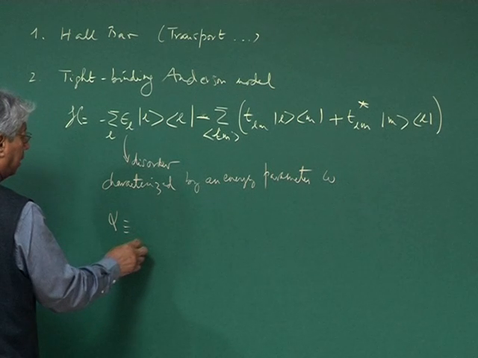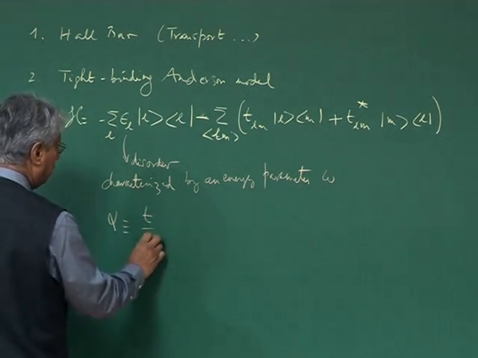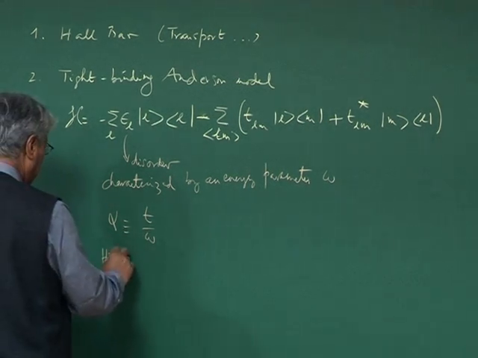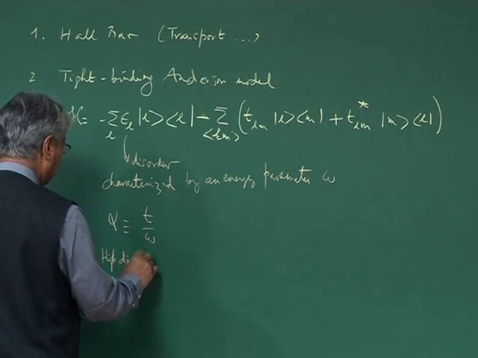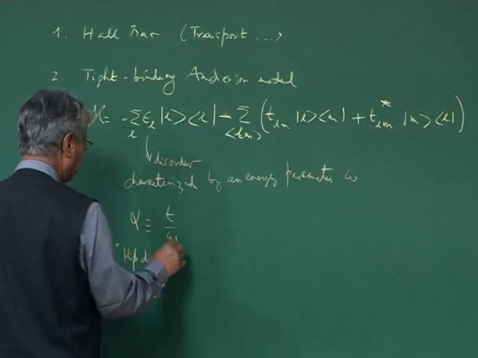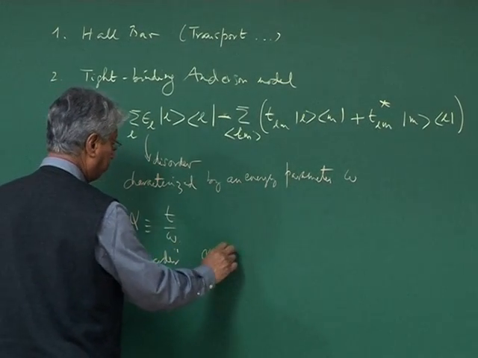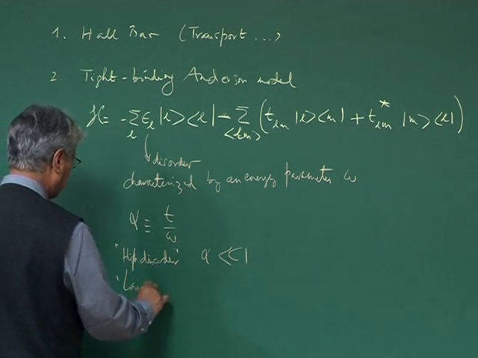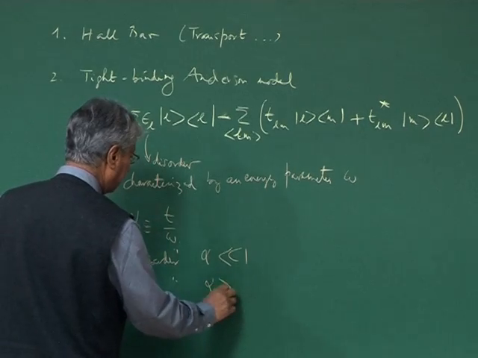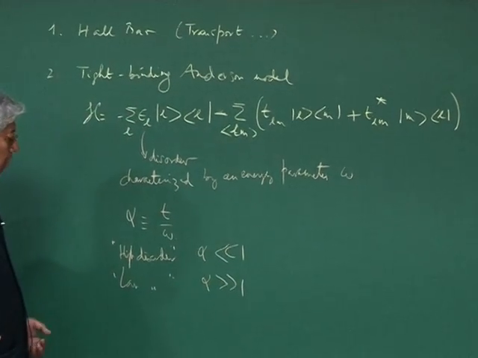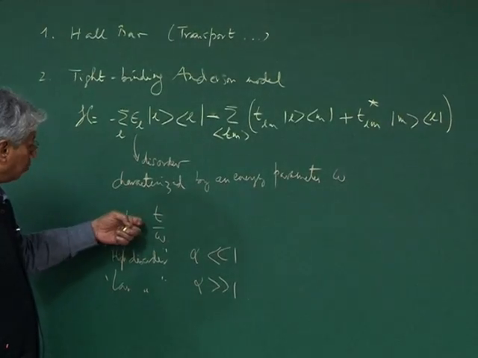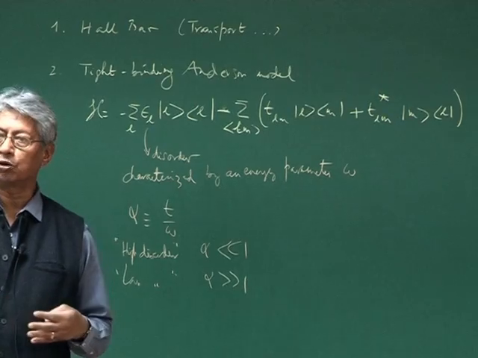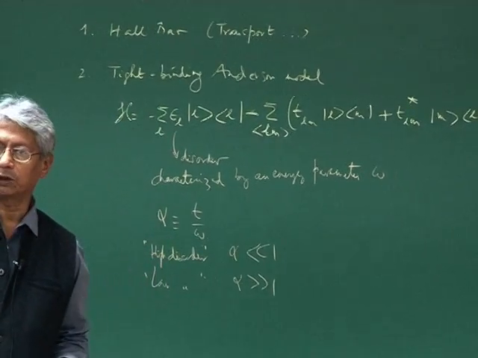So high disorder would imply alpha is much smaller compared to 1, and low disorder would imply that alpha is much larger than 1. Okay, so if alpha is much larger than 1, it means that though there is disorder, your hopping term would prevail, and so I'll have conduction. So this is like metallic state.